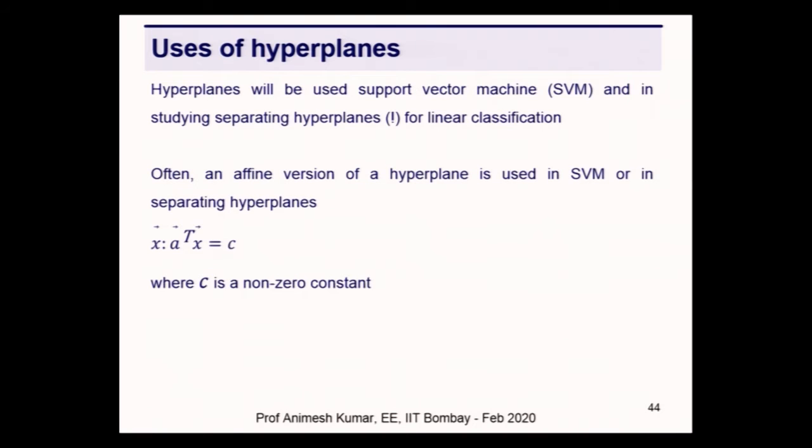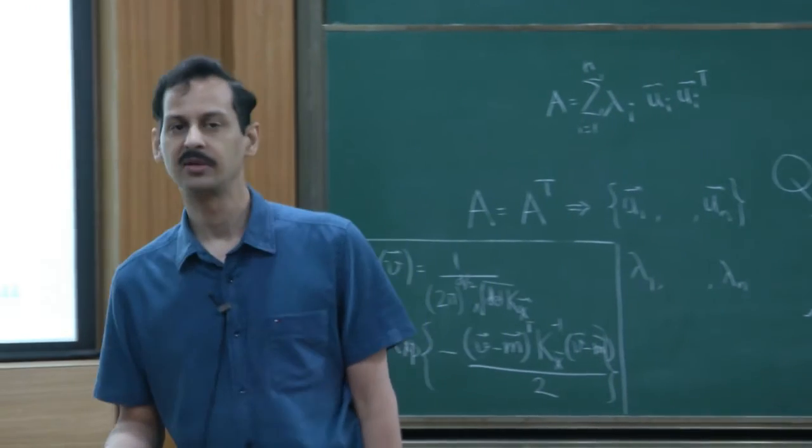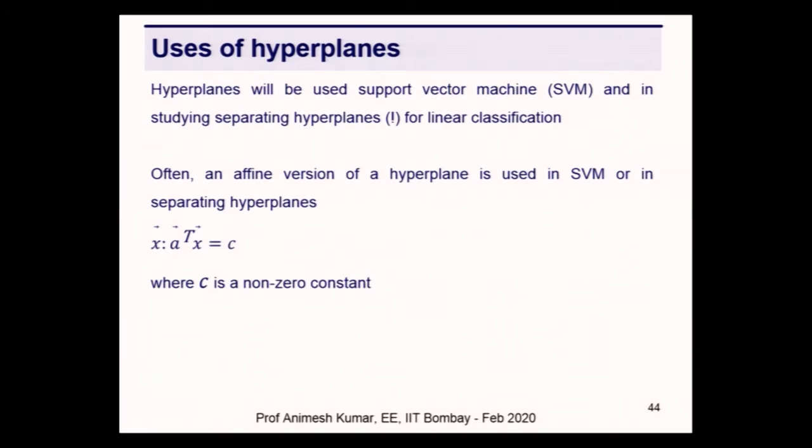So in the context of SVM, people use separating hyperplanes, where instead of insisting that the inner product between the a vector and the x vector is 0, you insist that the inner product between the a vector and the x vector is some fixed constant c. So you start with a non-zero constant c. The constant c may as well be 0 in some applications, but that is not insisted. What we are saying is that the inner product between the a vector and the x vector is equal to the constant c.